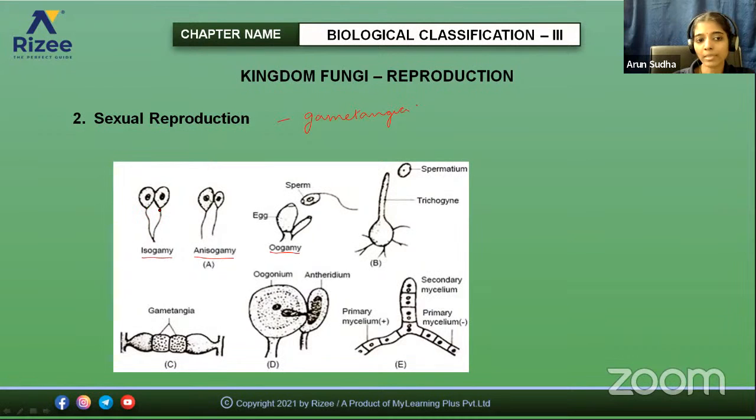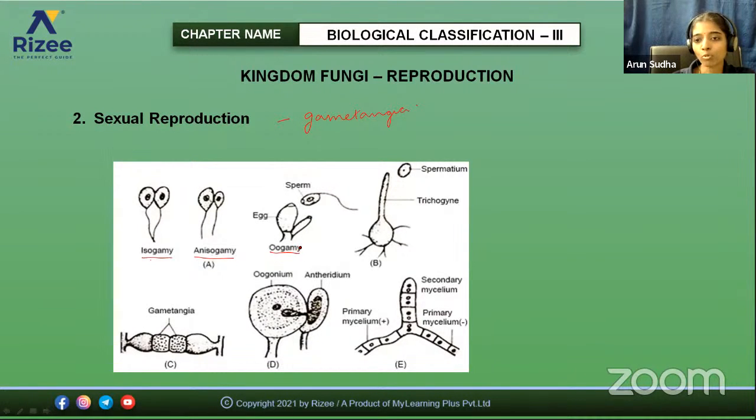If the two gametes are structurally and physiologically similar, then they are called isogamous. In the case of anisogamy, one gamete will be larger, the other one smaller. Usually the male will be smaller and more active. So this is the anisogamy.